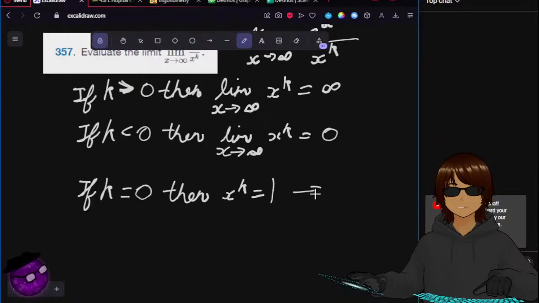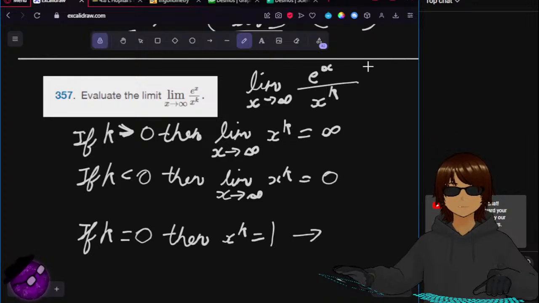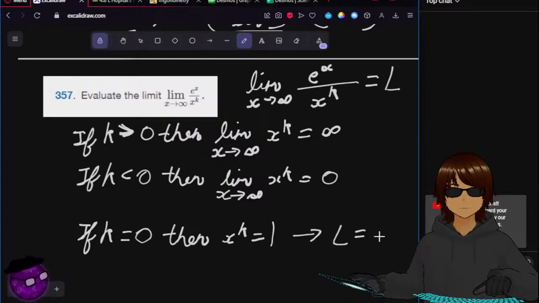Then this implies the total limit, let's call this L. The limit is infinity.